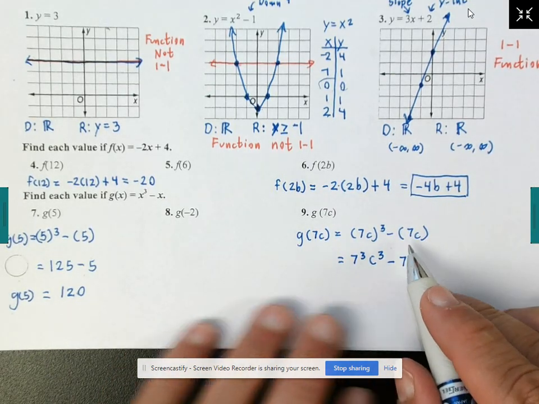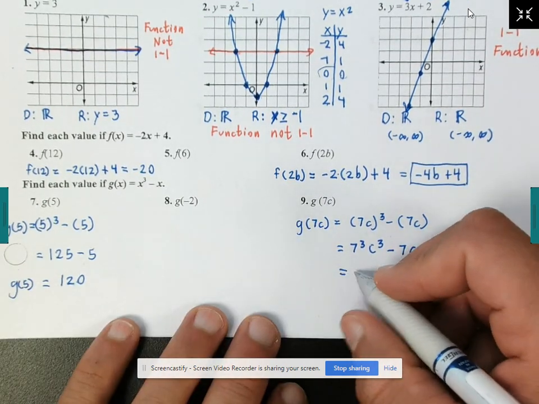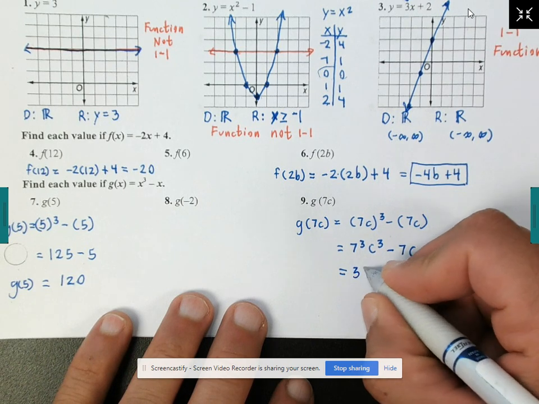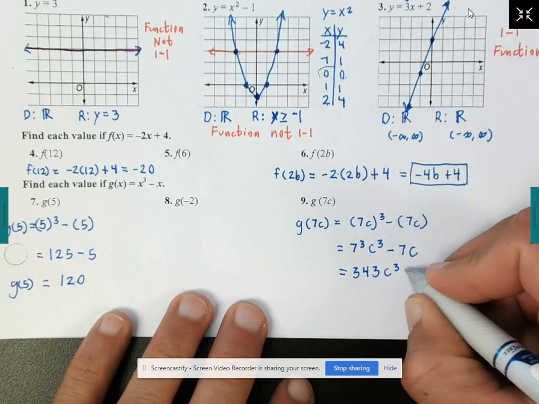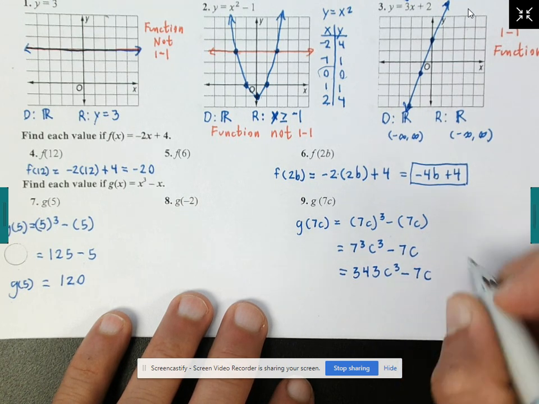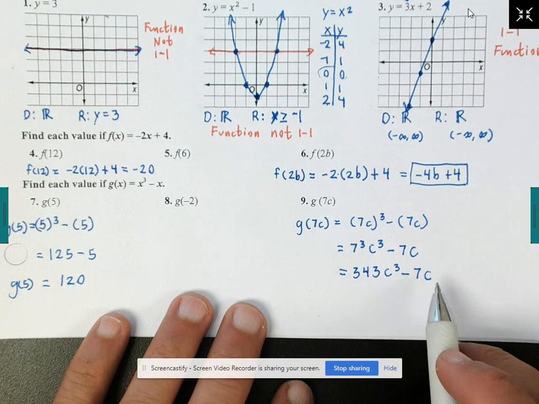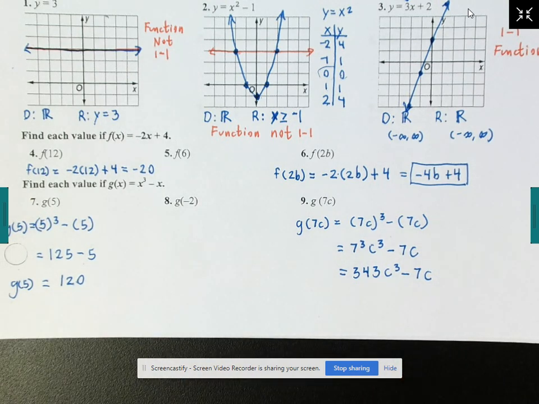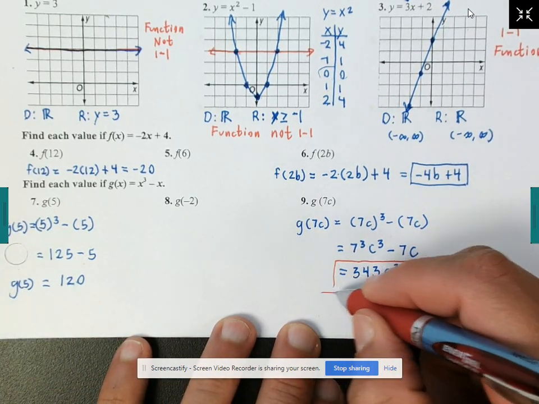I'm just going to drop the parentheses here. So 7 cubed, and you could use a calculator if you wanted to, would be 343c cubed minus 7c. If you have like terms, then you should add them. Now remember, c cubed and c are actually different, so you cannot add them. You must leave it as it is. This is the final answer for this question, okay?